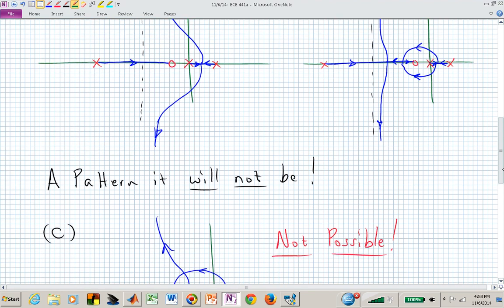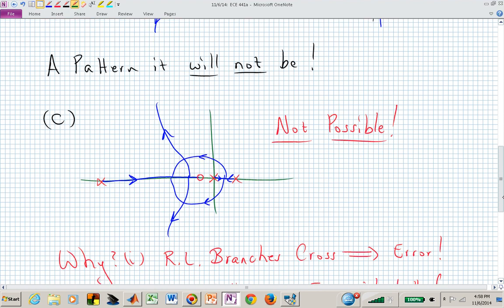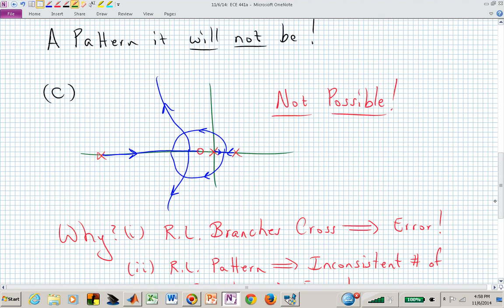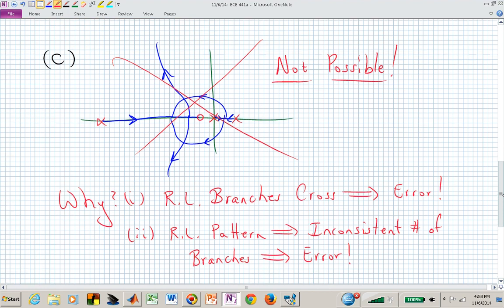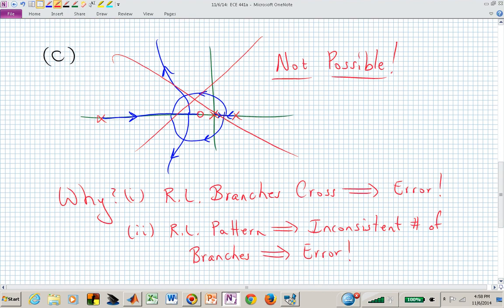What it cannot be, a pattern it will not be, is pattern C. This pattern is not going to present itself, so that one's not possible. Don't be drawing something like this and saying, oh, here's my root locus. It's not going to be that squirrely. Why? Because the root locus branches in this pattern cross each other. That says, oh, there's an error there.